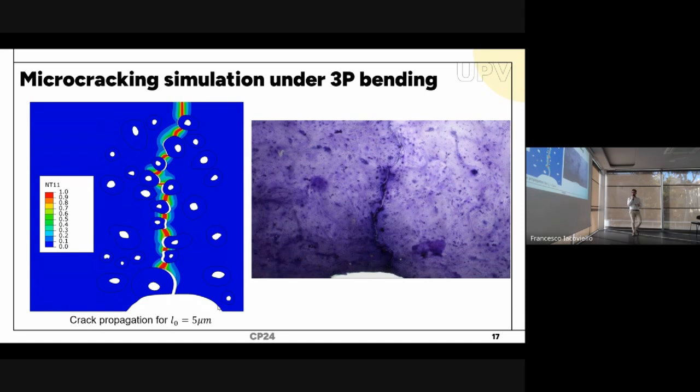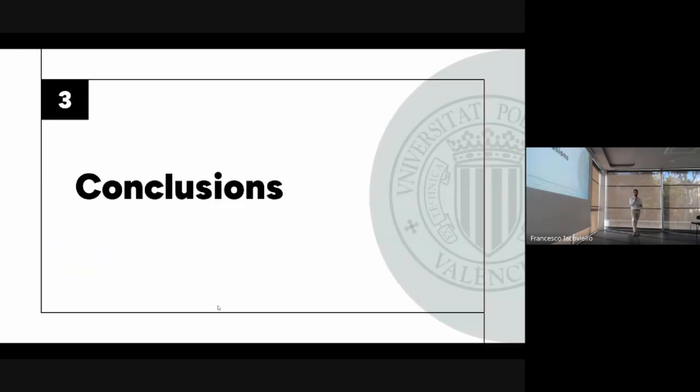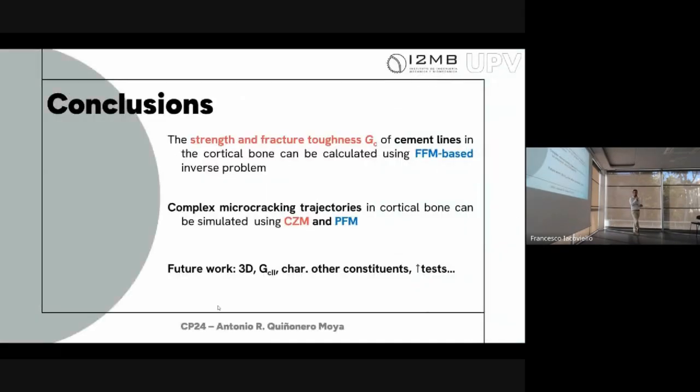And so finally, we can compare both crack paths, the one from the numerical simulation and the one from the experimental test. We can see how the crack starts from the bottom and grows in a similar manner in both cases. And with all of that, we go now to conclusions.